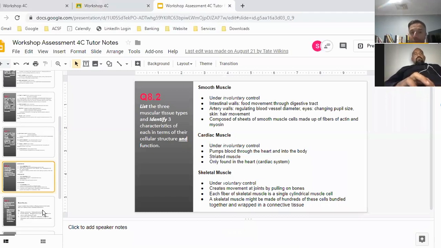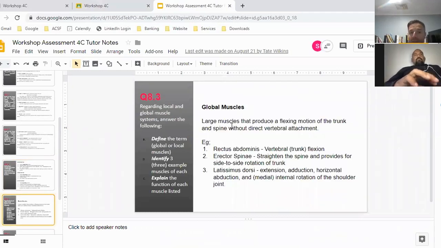So global muscles are muscles that move the trunk without being directly attached to the vertebrae, to the spine. These are like the muscles on the outside of the trunk.